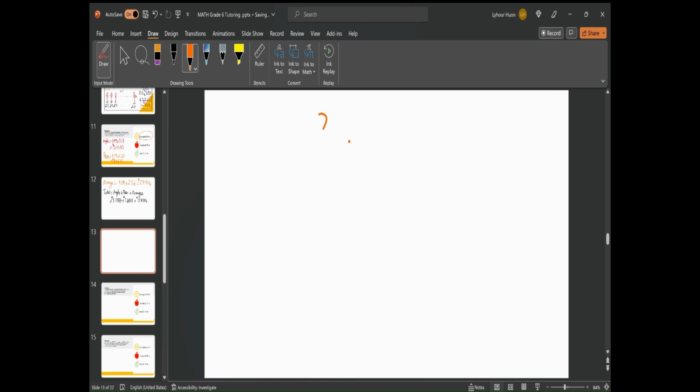So 3.1383. This is the cost of apple. Place the decimal first always. So decimal here, decimal here, decimal here. So the cost of pear is 1.4875. And the orange is 2.7904.